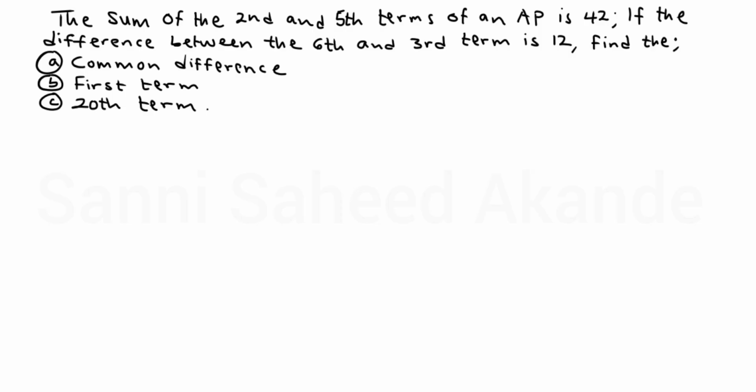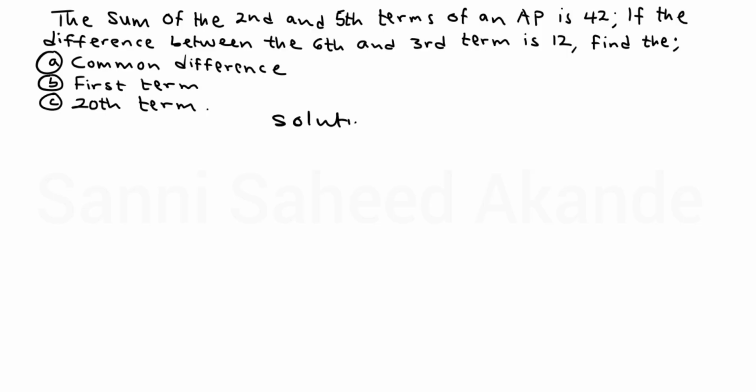The question says the sum of the second and fifth terms of an AP is 42. If the difference between the sixth and third term is 12, then find the common difference, the first term and the 20th term. Solution.